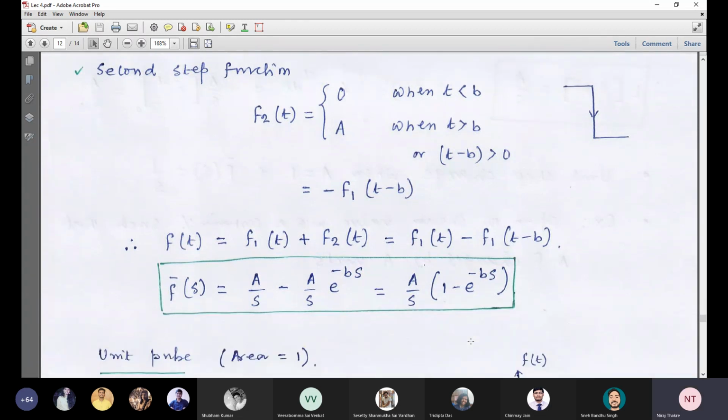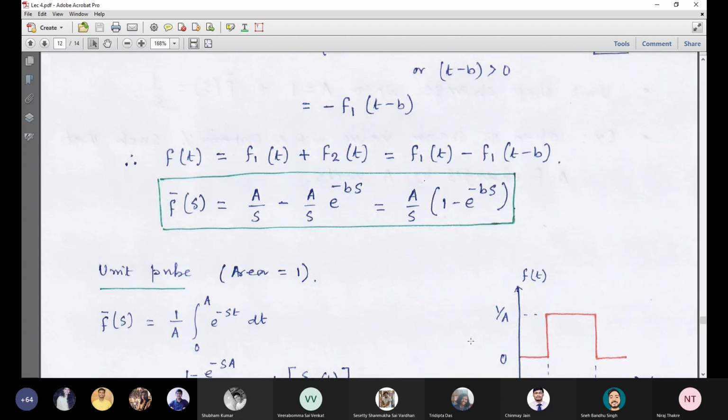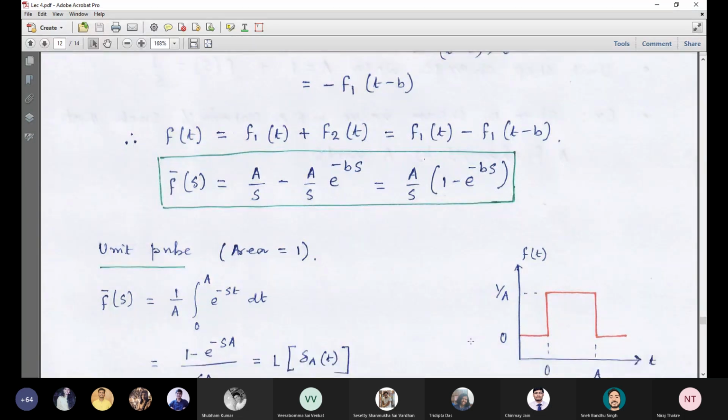Next, come to the unit pulse. So the concept of unit pulse is that its area is 1.